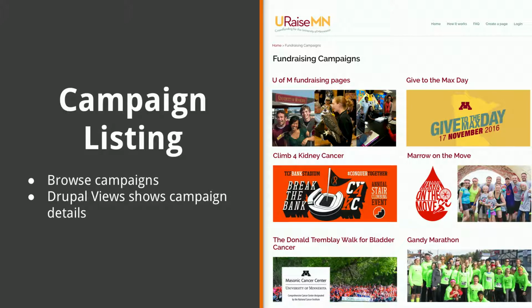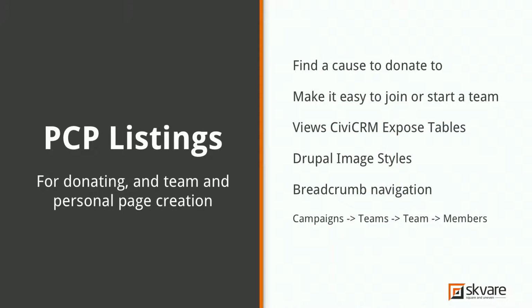They went with a flashcard layout where you've got the name and a picture, and that allows you to find the cause that you want to donate to. It makes it really easy for people to either join a particular cause or start their own. We're using the image styles again to reuse the same image in multiple formats and sizes.